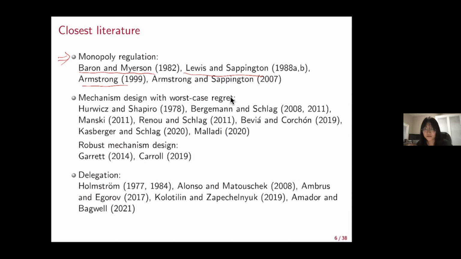Baron and Myerson look at cost uncertainty. Lewis-Sappington look at demand uncertainty, and the second paper looks at both demand and cost uncertainty.